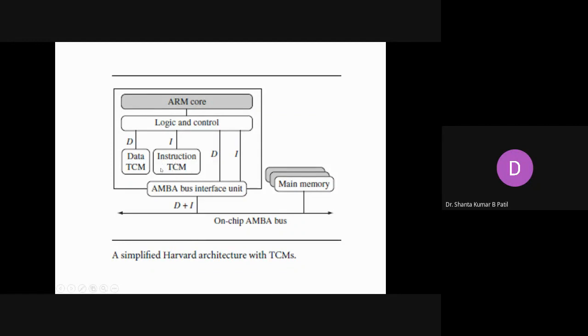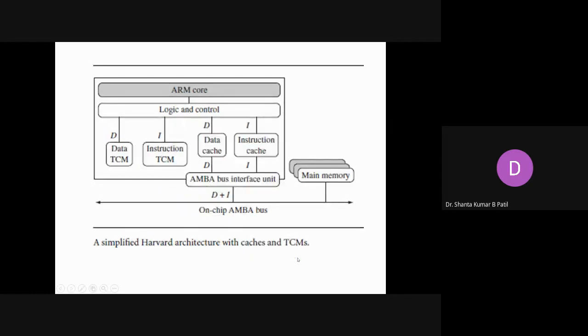Placing these small RAMs on the same chip as the processor, we call it tightly coupled memory: a separate tightly coupled memory for the instructions and a separate tightly coupled memory for the data. Such an architecture we call a Harvard architecture with TCMs.